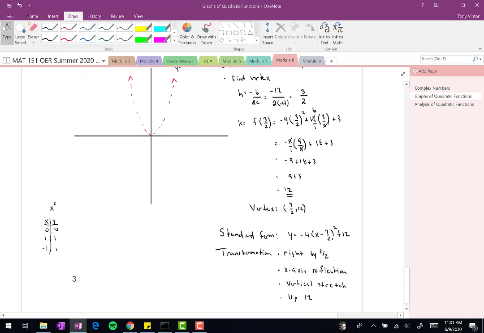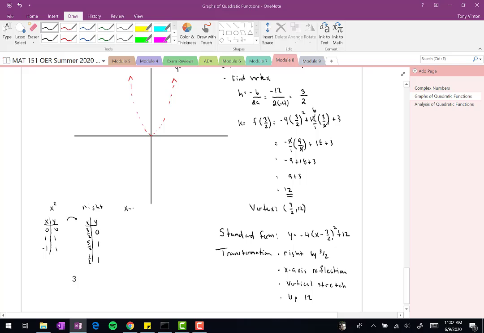If we shift to the right by 3/2, it's going to look a little ugly, but we'll see what that does. There's going to be 3/2. 1 plus 3/2, that's going to be 5/2. And negative 1 plus 3/2 is going to be 1/2. And then it's still going to be 0, 1, and 1.